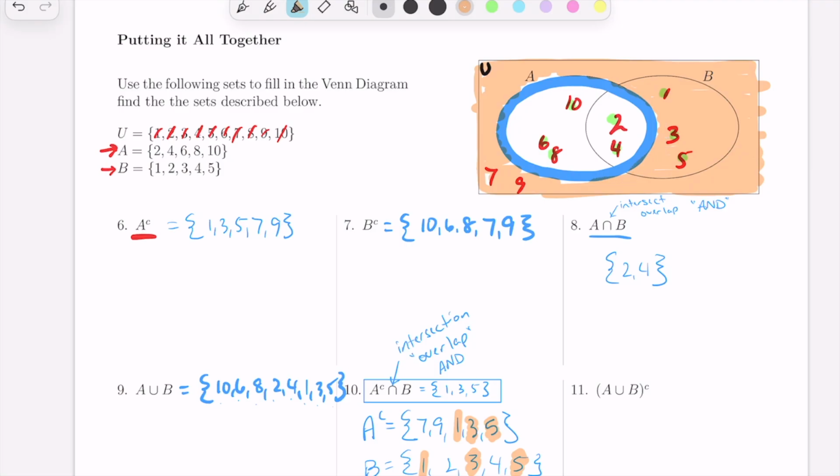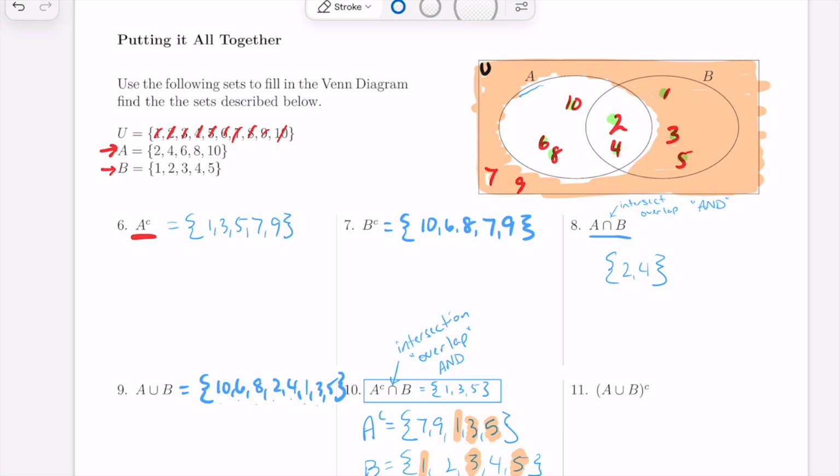The next thing that I'll do is I want to intersect that with B. So I'll come through and I'll highlight all of B. Anything that is colored purple here is in B, and I'm looking for the intersection of those, which means the things that are double colored. And at this point now, you can see that the double colored ones would be inside here. Hence, we end up with 1, 3, 5.